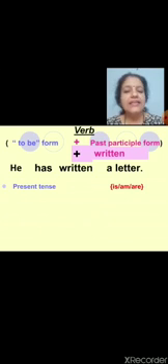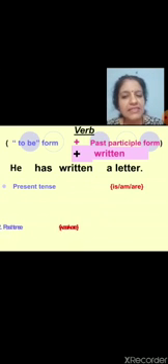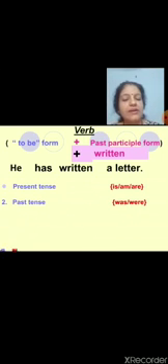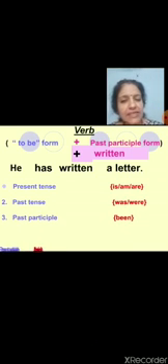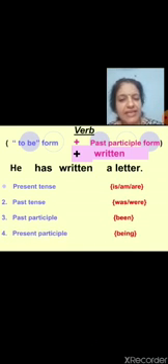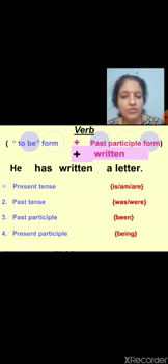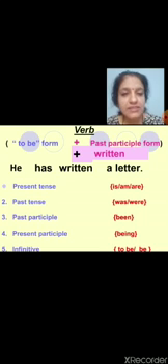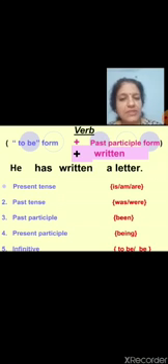Present tense is, am, are. Past tense was or were. Past participle been. Present participle being. And infinitive to be or be. So, find out what is the next step. Yes, the main verb written belongs to which of these forms?